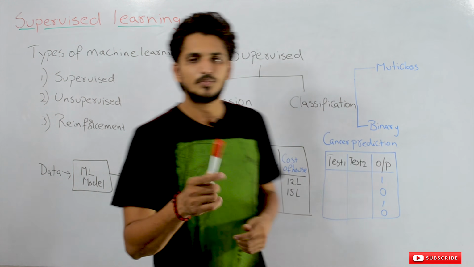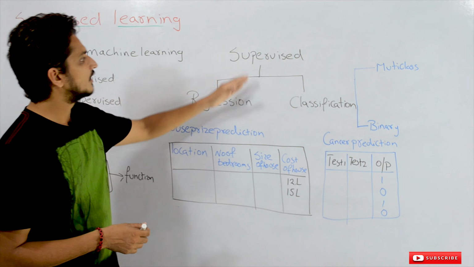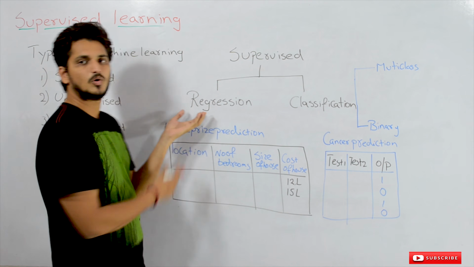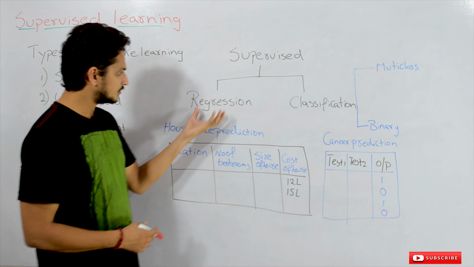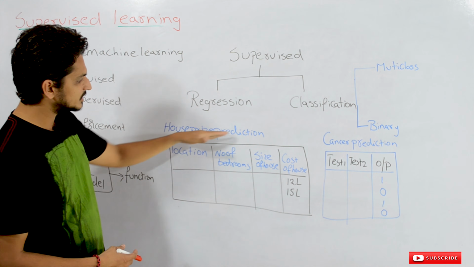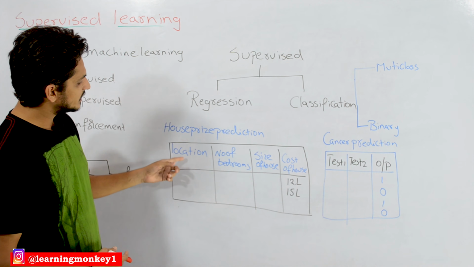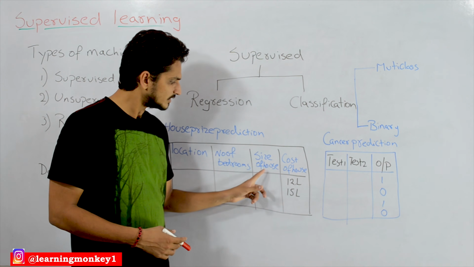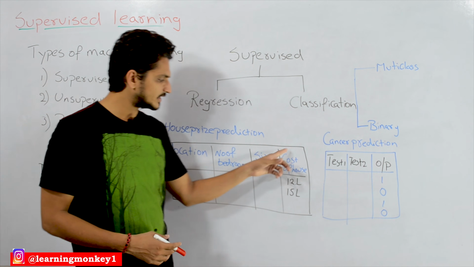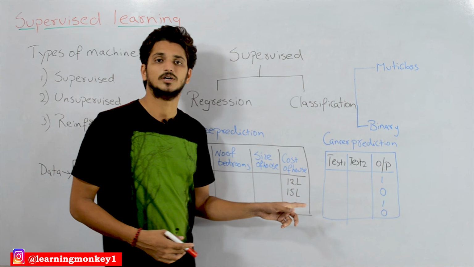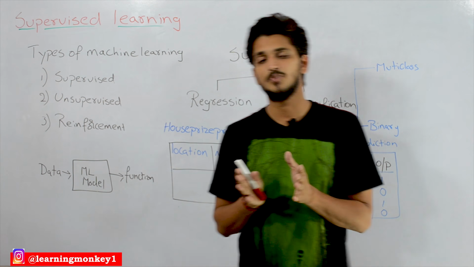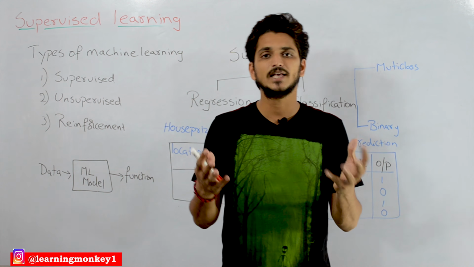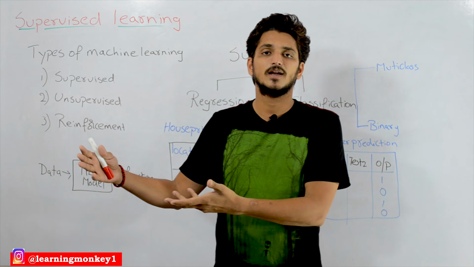Okay, then in supervised machine learning models we have classification models and regression models. So coming to the housing price prediction data set, we have location, number of bedrooms and size of the house. Based on this input the output is given, the cost of the house. The cost of the house may be any value: 12 lakhs, 15 lakhs, 50 lakhs, 40 lakhs, 500 lakhs.